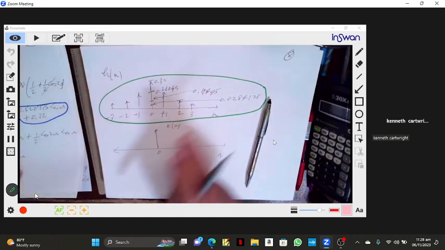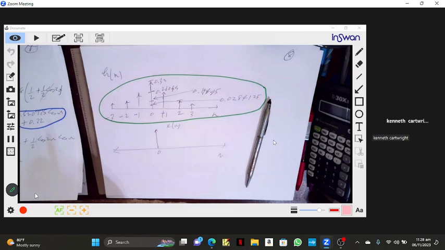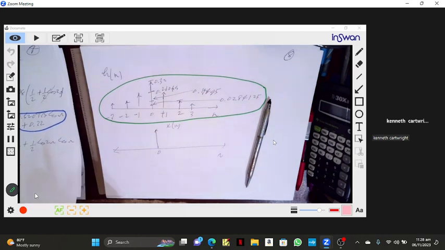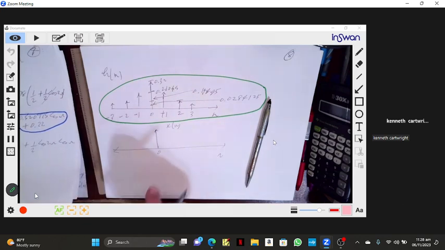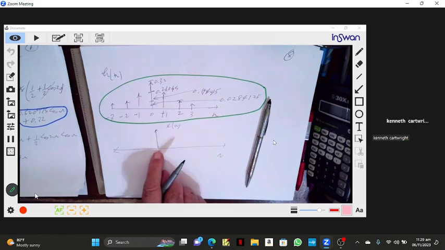But does anybody see anything wrong with this? Look at the bottom graph. Look at what the bottom graph is saying. We are implying an impulse at n equals 0, but yet the output exists before we apply the impulse.